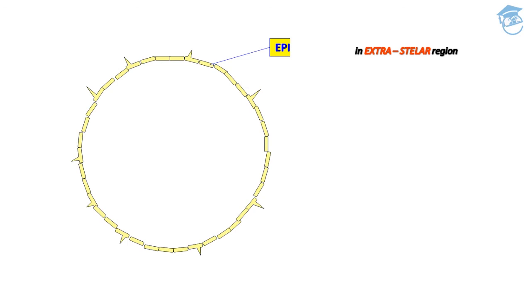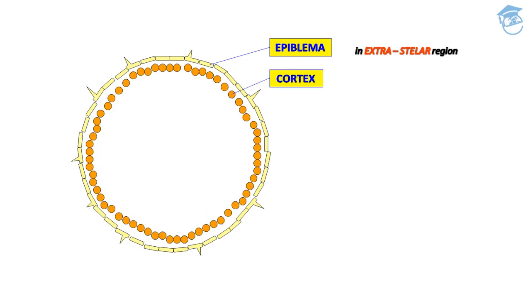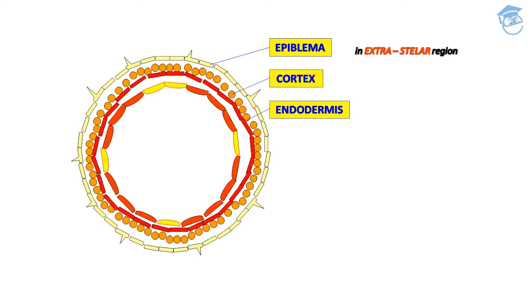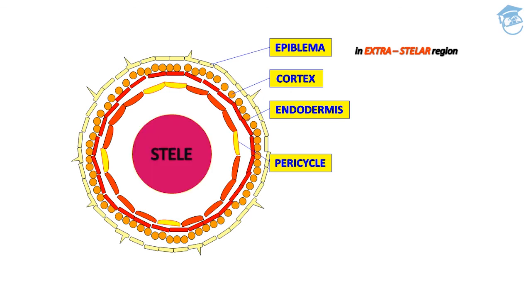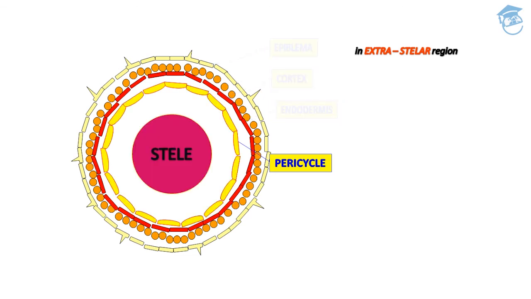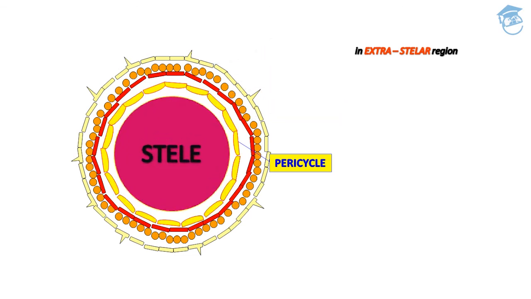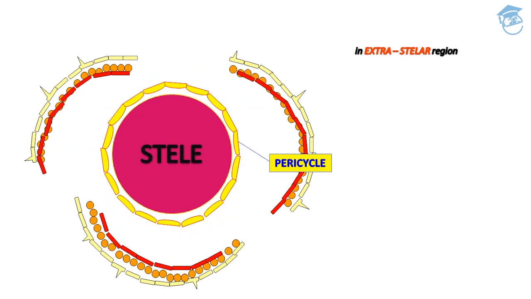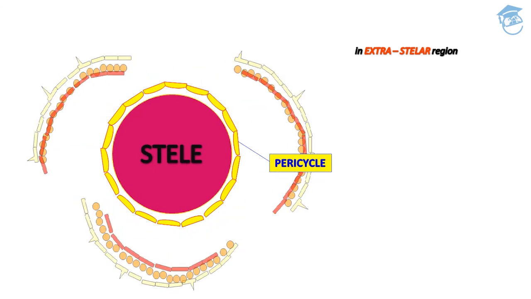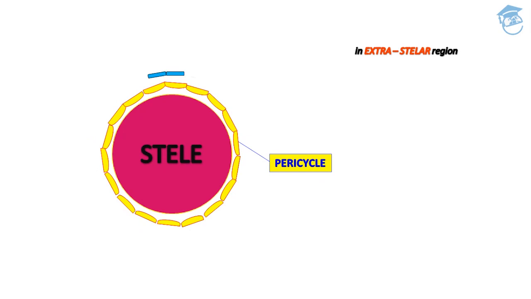Now let's see what happens in the extrastelar region. This is epiblema, this is cortex, this is endodermis, this is pericycle, this is the stele part. The stele part gets enlarged, and all these three layers get disintegrated and new layers get formed like this.